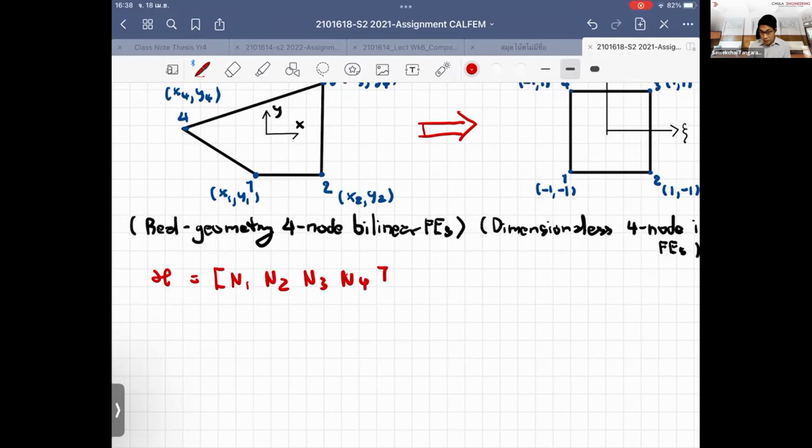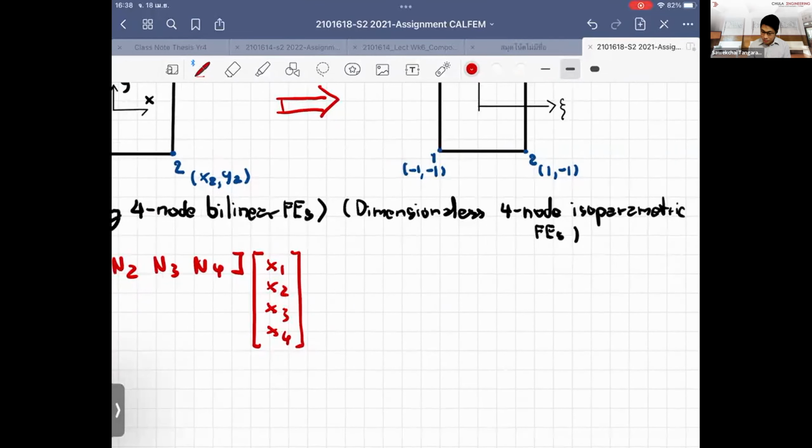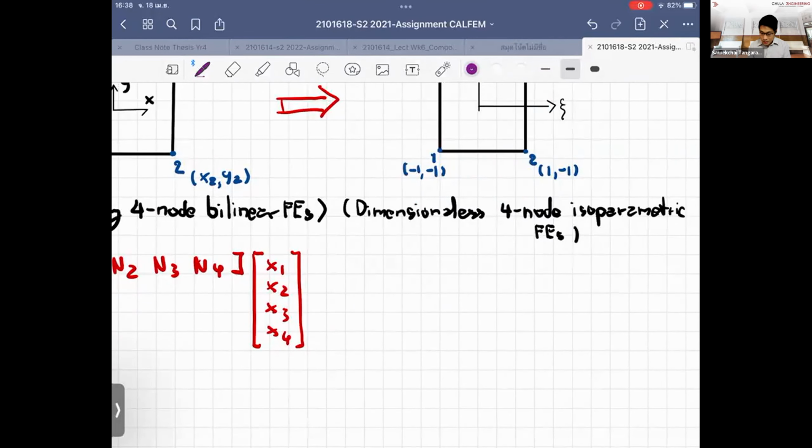And this comes from the displacement field. You can describe the geometry in terms of x1, x2, x3, and x4. In a similar fashion, you can define the displacement in terms of the similar shape function.